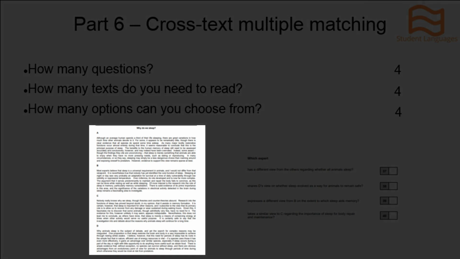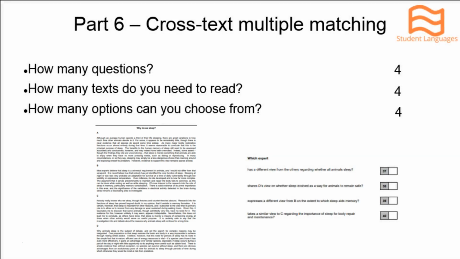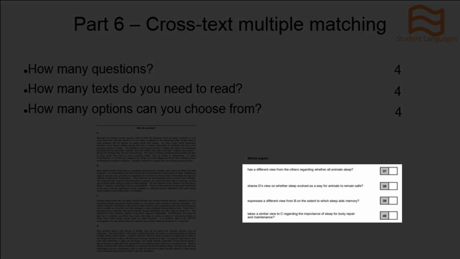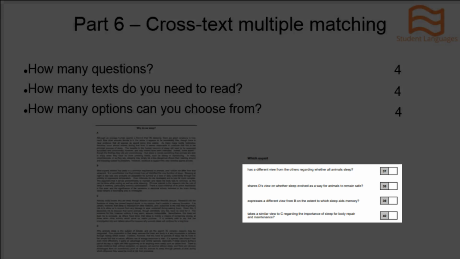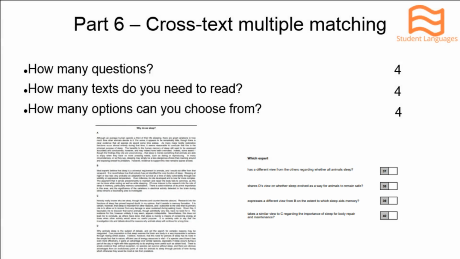So we can see it here. A, B, C and D, 4 different passages. And then you have 4 questions, 37, 38, 39 and 40. And we need to decide which text applies to which question. Okay, so for each question it could be A, or B, or C, or D, and you need to choose which one it is.